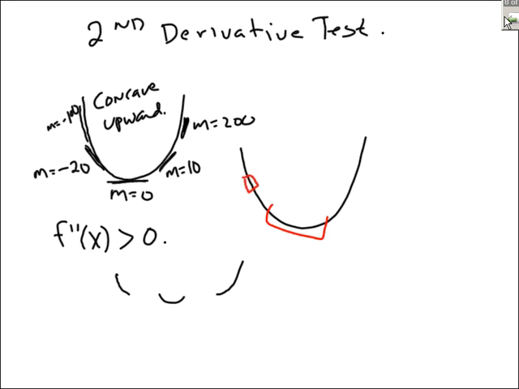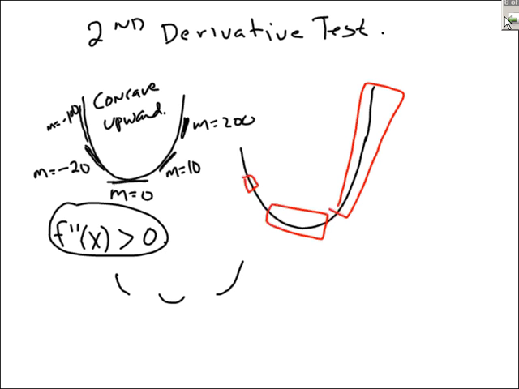This bigger portion, concave up. Much bigger portion, concave up. Any portion of that U-shaped graph is concave up, and the second derivative is always positive. The change in the slope is positive. It's getting bigger, getting larger.